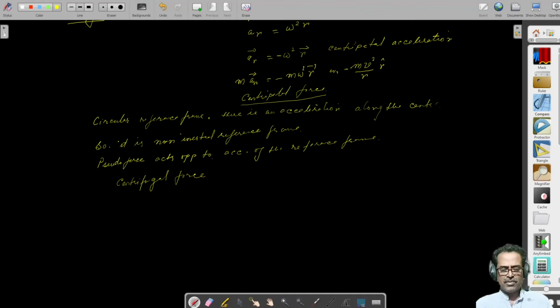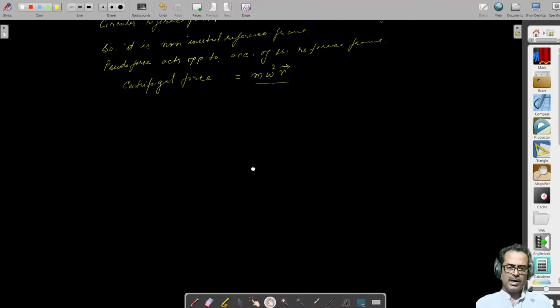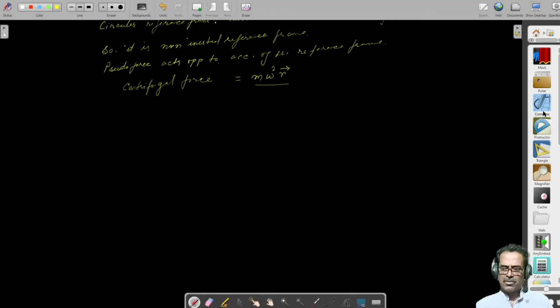Centrifugal force is then equal to m omega square r. Here it is minus m omega square r in the case of centripetal force, and for the pseudo force this is m omega square r. Clear? Now, suppose a car is moving along this circular path.